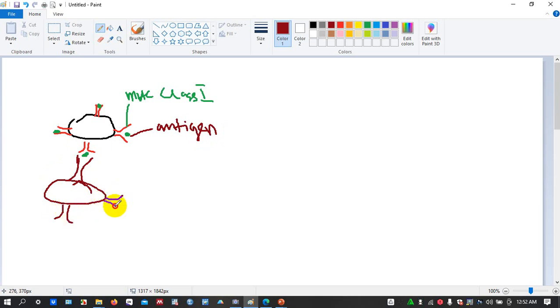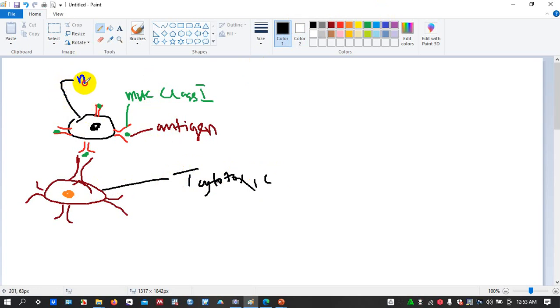The cytotoxic T lymphocyte will come and feed on the antigen. The first one is any cell, so we can say a liver cell.